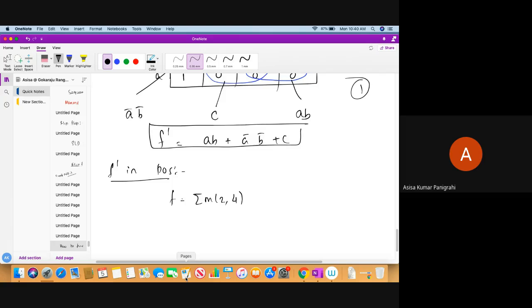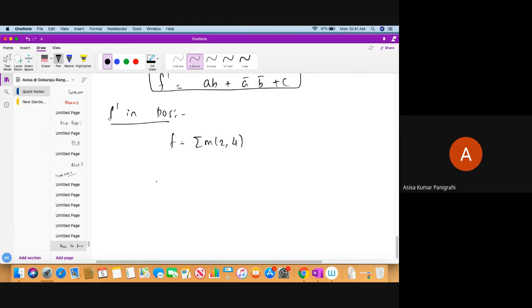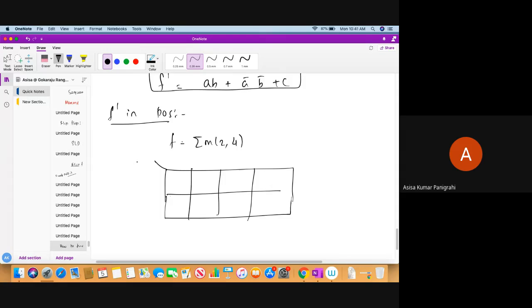For POS simplification, you just represent it in the form of 3 variables. We know that, very simple. Just put it up here. So this is A, B, C, then B bar or C bar, or B bar or C, B or C, B or C bar, A bar or B, and these are my 0, 1, 2, 3, 4, 5, 6, and 7.